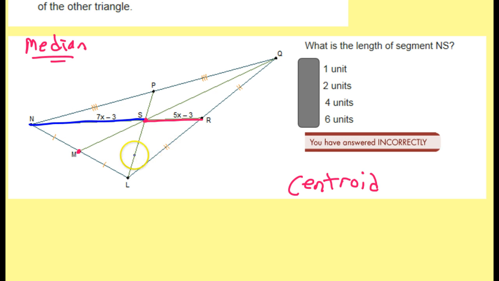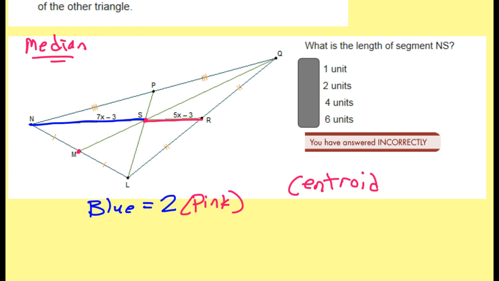So what you need to know is that the bigger part is twice the size of the smaller part. Okay, so the blue, the big part is going to be twice the size of the pink. Okay, the big part is double the small part.